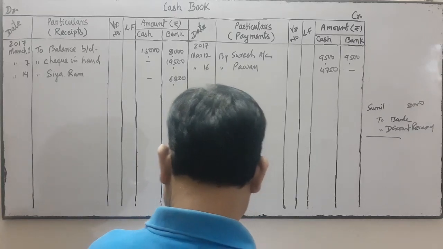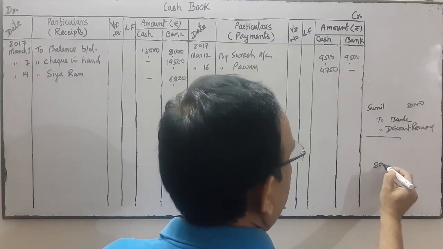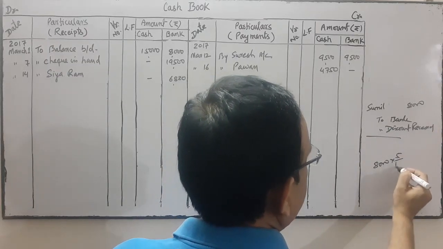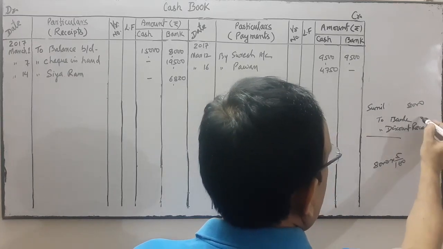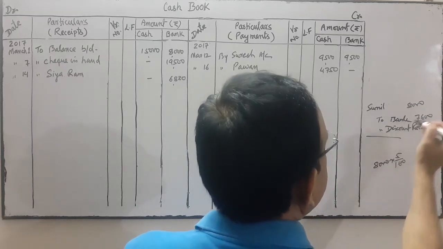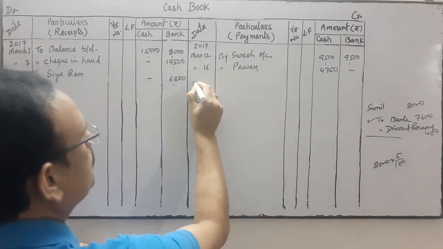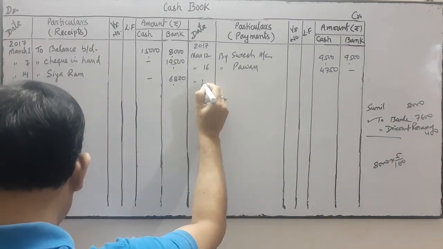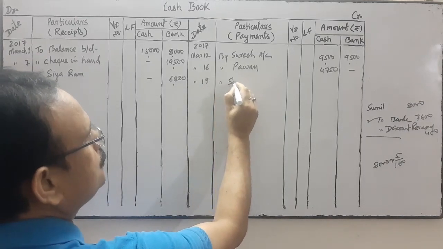So cash discount 5% of 8,000 is 400. So you have to pay 7,600. The bank is on credit, so we'll do the posting on the credit side, March 17, by Sunil.